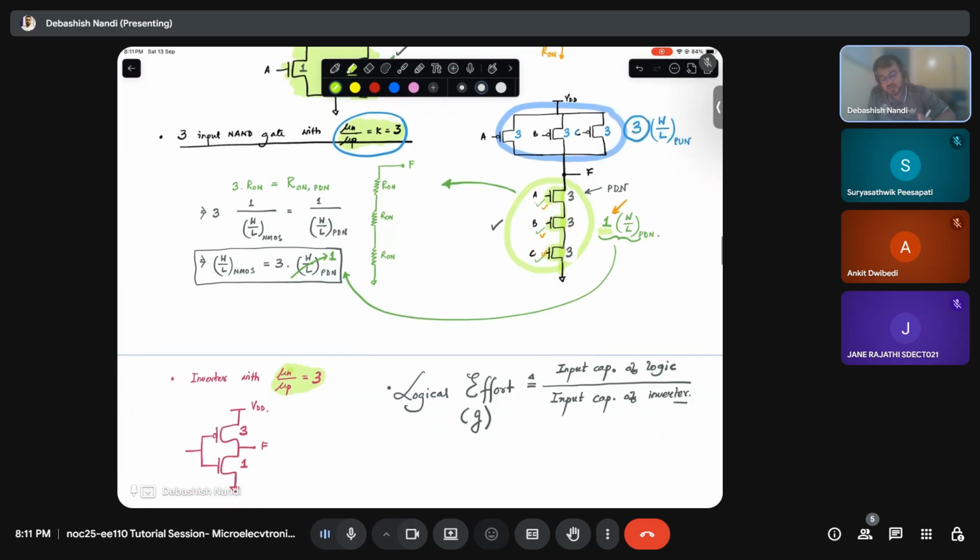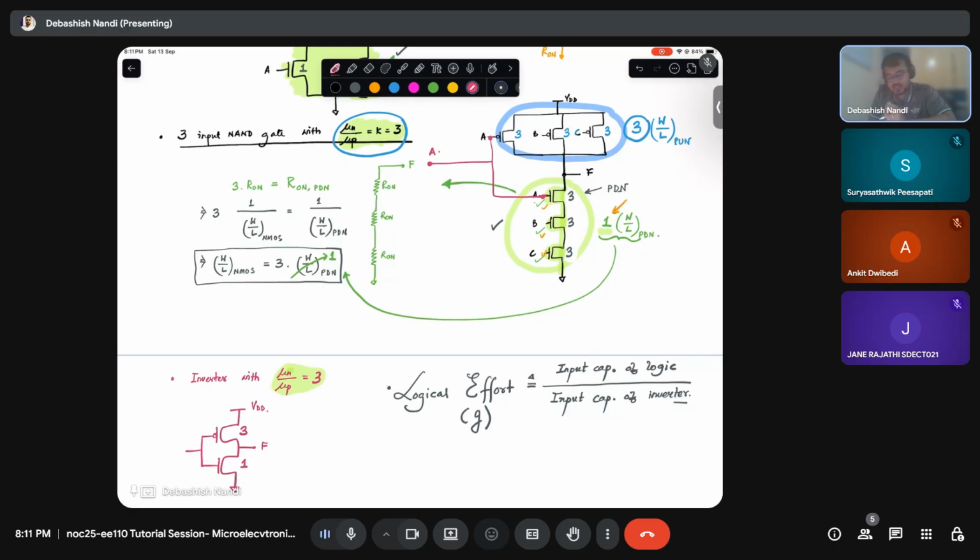So what is the input capacitance? Let us take any one input, let us take A. These two A will be connected somewhere outside as a single pin in your IC.